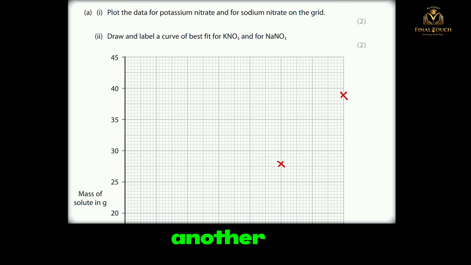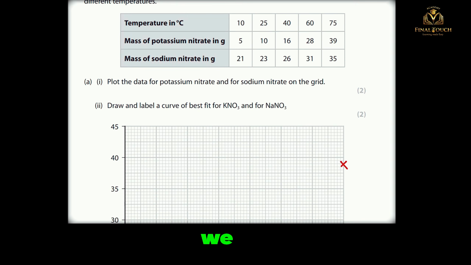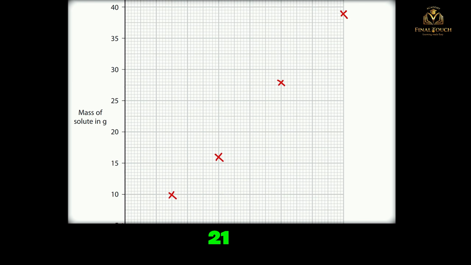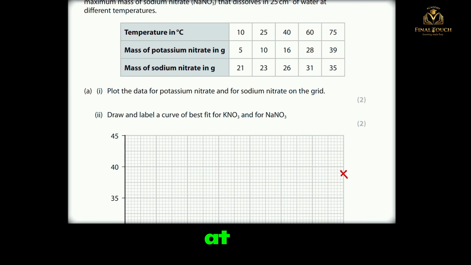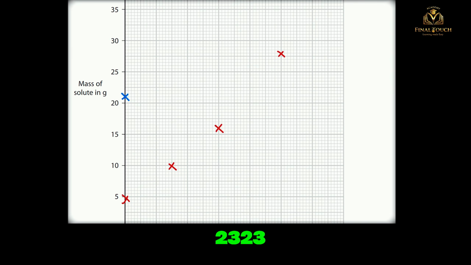So we'll use another. We have to plot the mass of sodium nitrate as well. At 10, it is 21, so 21 should be here. At 25, it's 23.